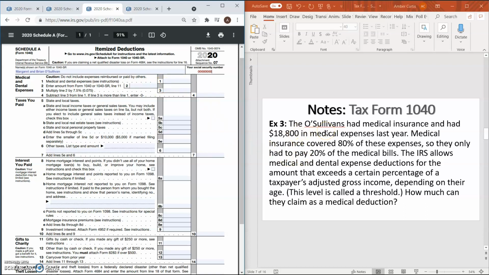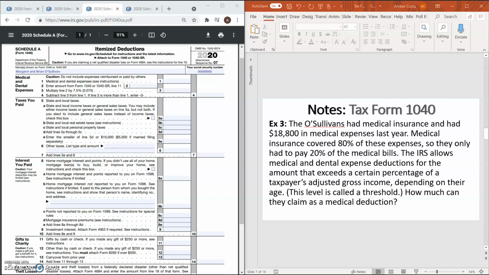So it says this: the O'Sullivans had medical insurance and had $18,800 in medical expenses last year. Their medical insurance covered 80% of these expenses, so they actually only had to pay 20% of the medical bills. The IRS allows medical and dental expense deductions for the amount that exceed a certain percent of taxpayers' adjusted gross income, depending on their age, and this level is called the threshold. The question is, how much can they claim as a medical deduction?